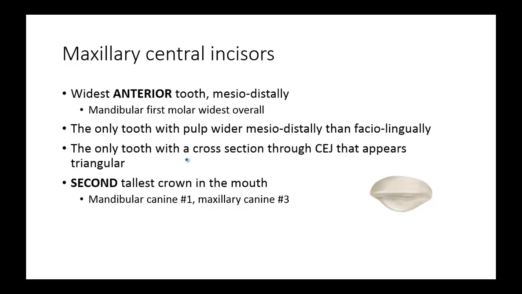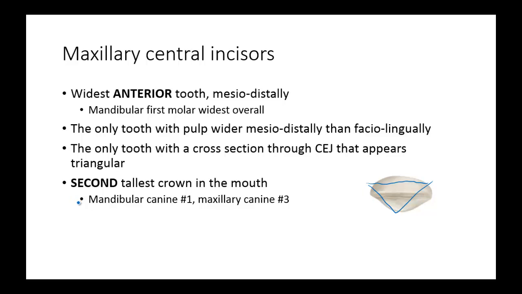It's the only tooth with a cross-section at the CEJ that appears triangular, because you have a very flat facial surface. So if you look at this, you have a triangular shape. Everything else will be an oval or a diamond or a rhomboid or something. And it is the second tallest crown in the mouth.